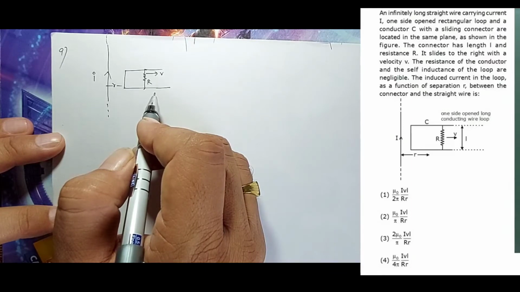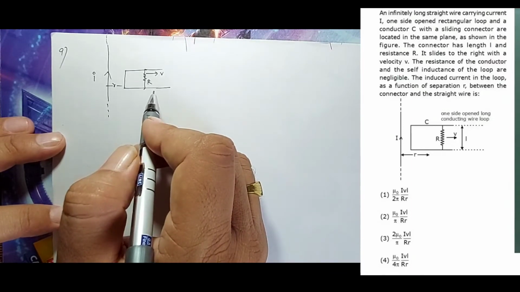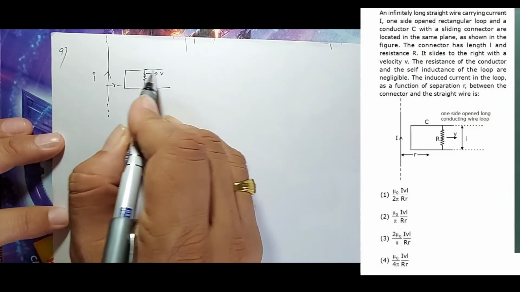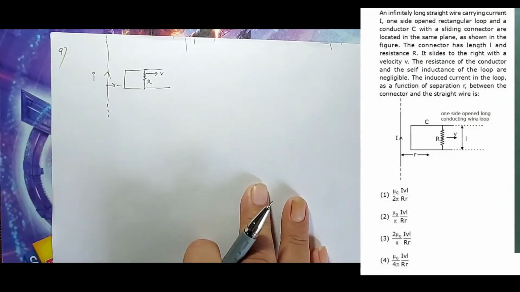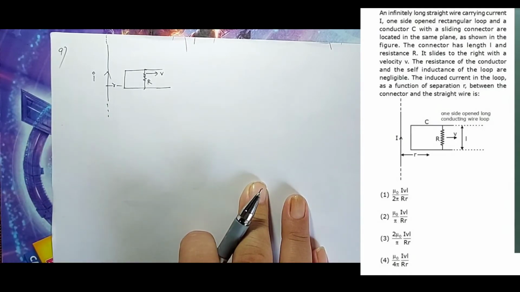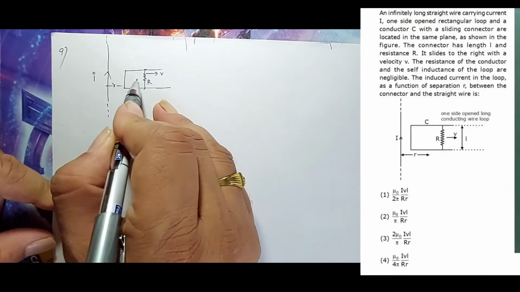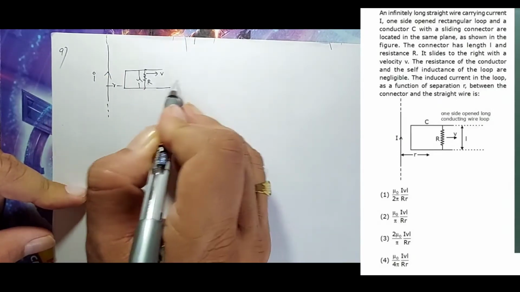The connector has length L. This is a one-side-opening rectangular loop. The connector has length L and resistance R.